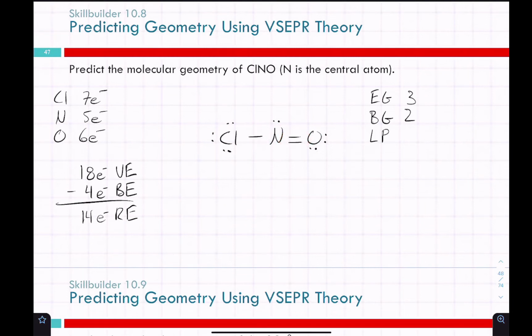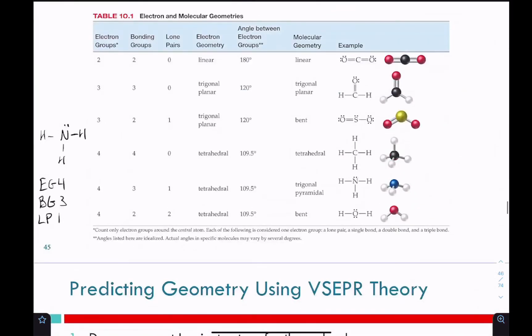Even double bonds count as 1 bonding group. And then how many lone pairs? 1. You'll find the number of bonding groups plus the number of lone pairs will always equal the number of electron groups. So we got this 3, 2, 1. So we go to 3 electron groups, 2 bonding groups, 1 lone pair: bent.